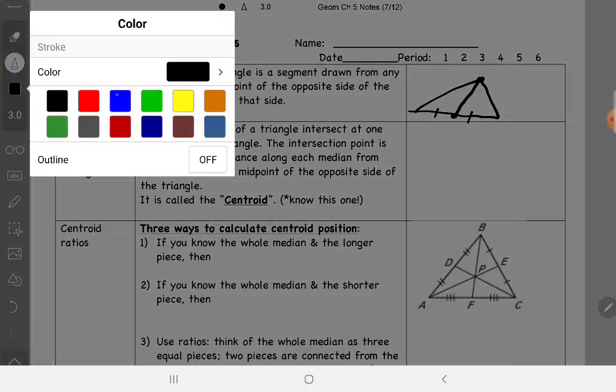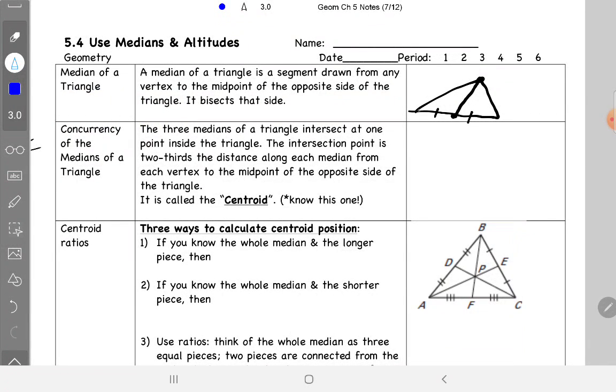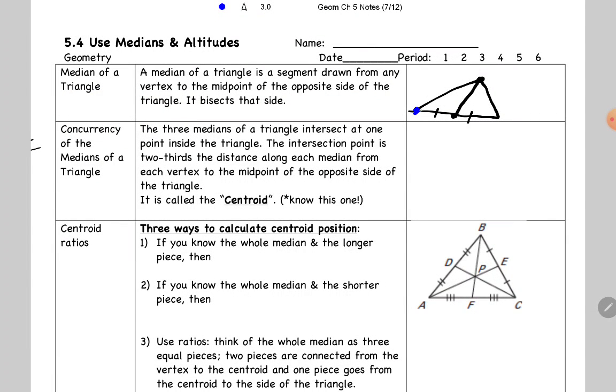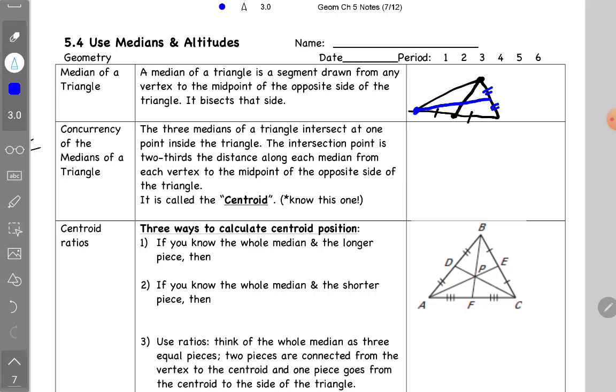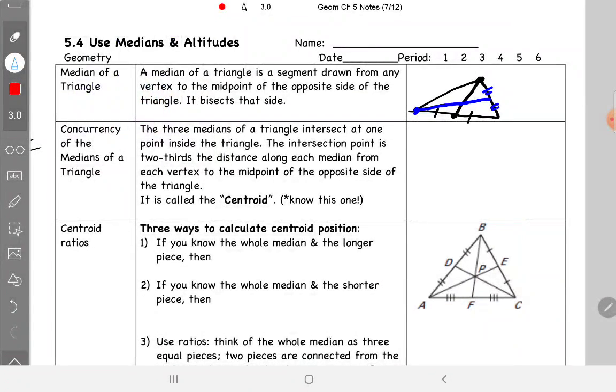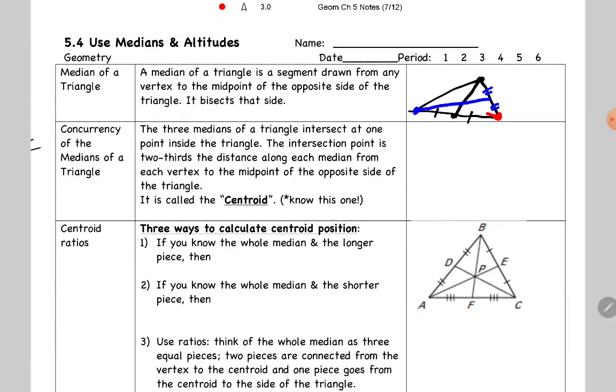If you do this with all of them, I'm going to start at this vertex now, go to the opposite side and split that in half, and then one more time, split that in half.